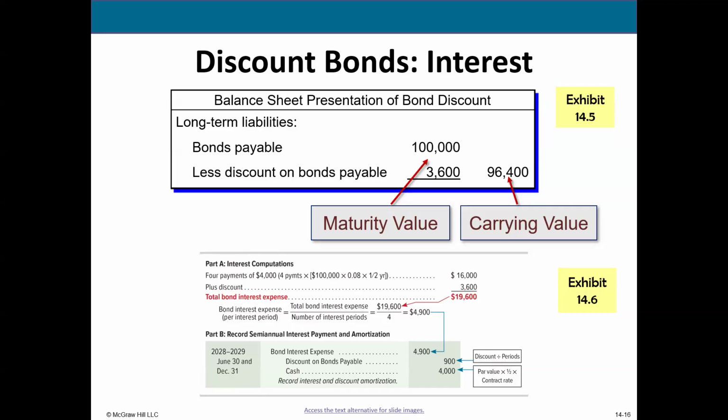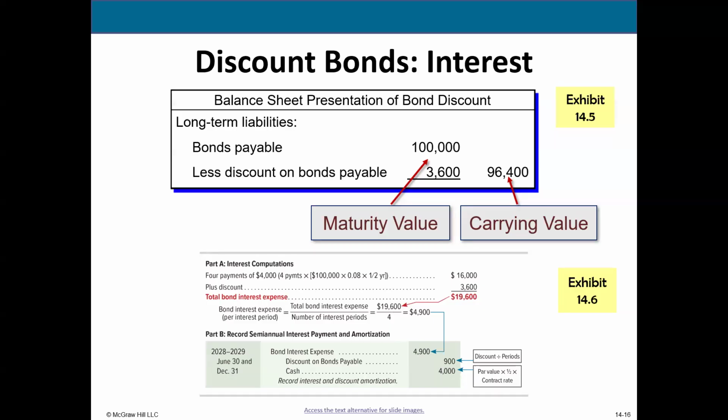So we debit bond interest expense 4,900. Then we are going to credit the cash, which is the actual amount of interest paid out of $4,000. The difference between the two is going to be the discount on bonds payable.